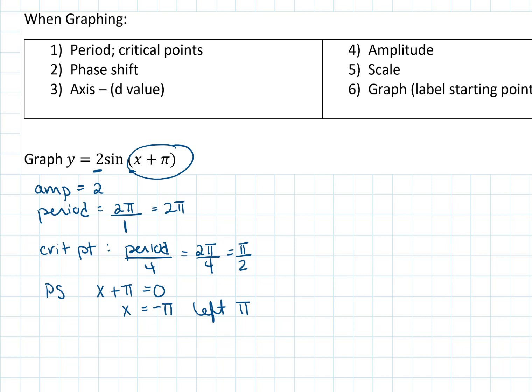There's nothing added or subtracted, so no d value, so that means that the axis, so the midline, is going to be y is equal to 0. And then we also need our scale, and we're going to make our scale pi over 4, because that multiplies into pi over 2 as well as the period.